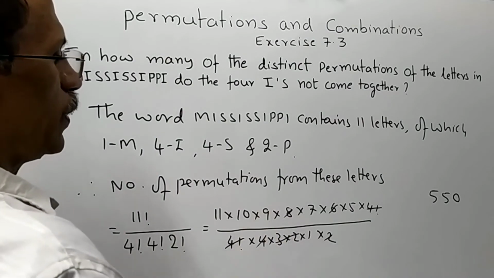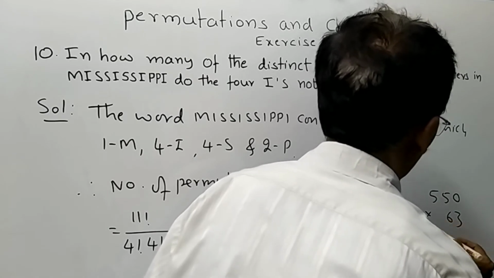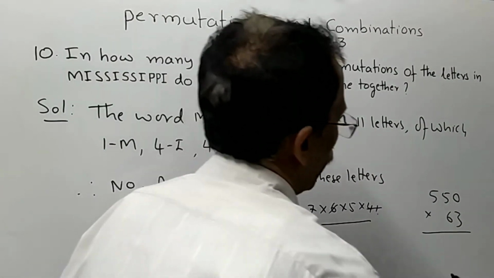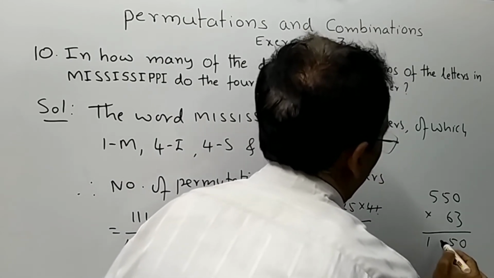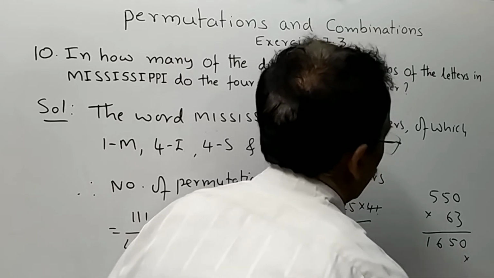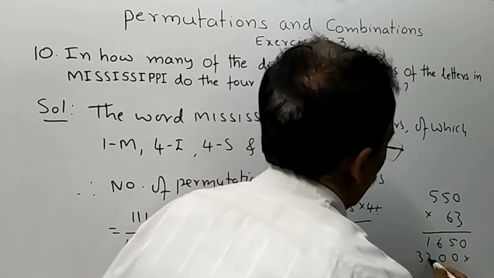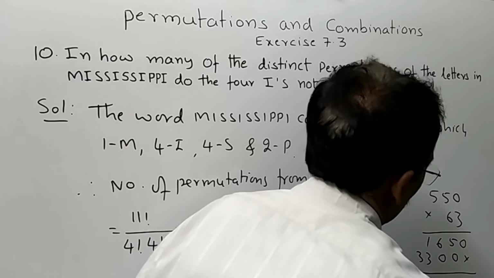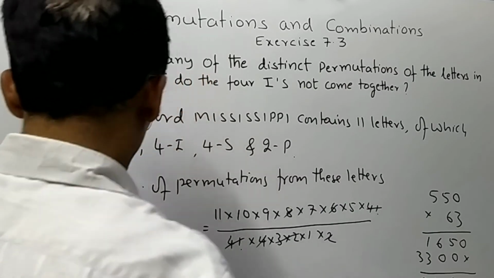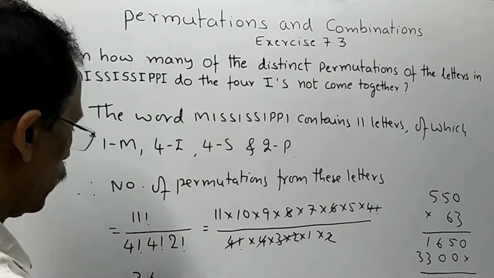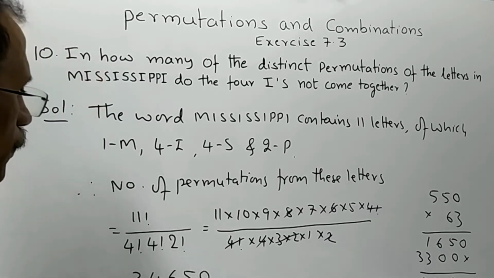Into 9 into 7, that is 63. Now try to find a product. What is the product? 34,650.